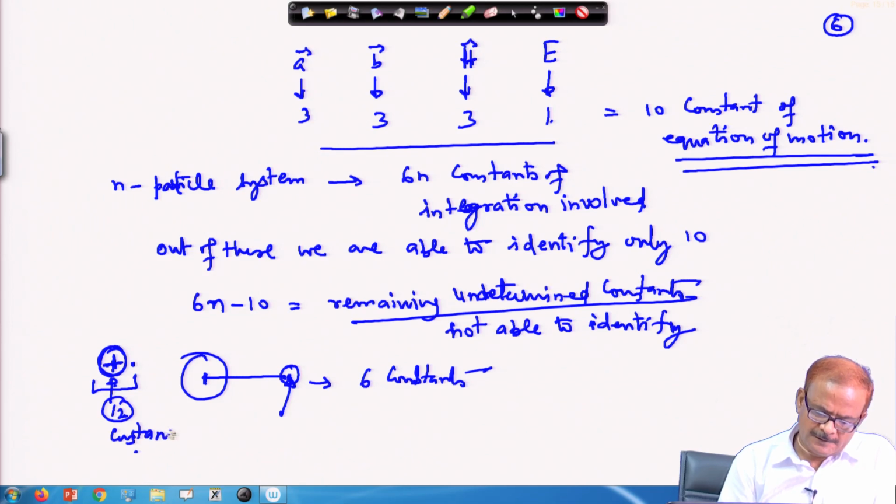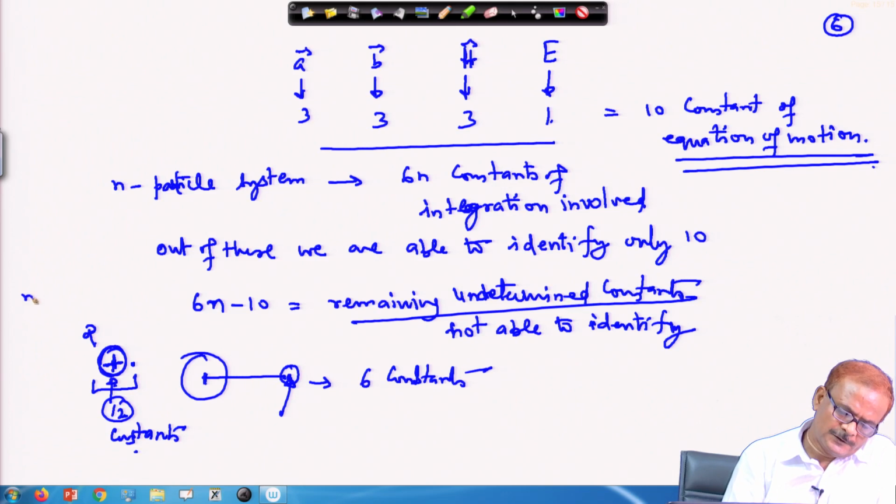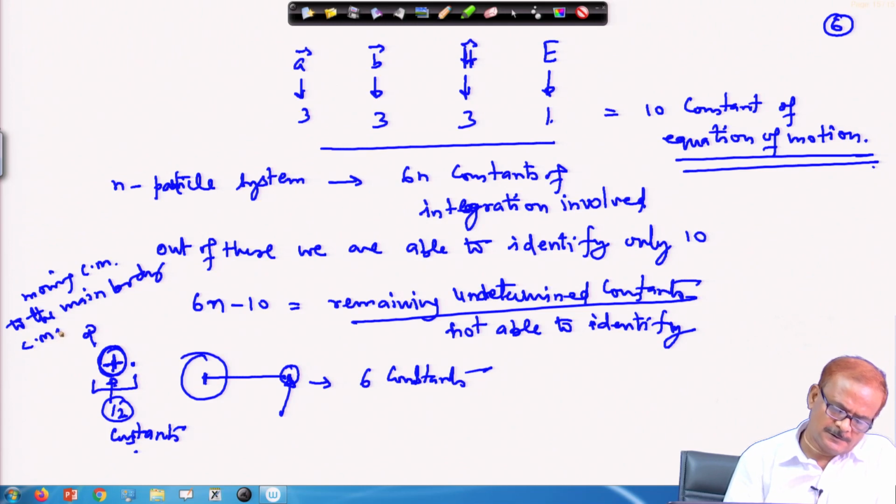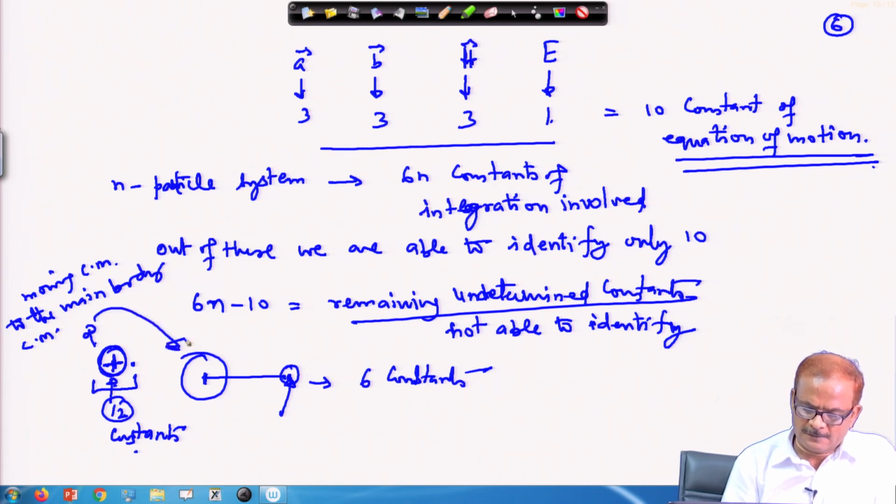And how have we done that? We moved the center of mass or barycenter to the main body center of mass and then applied the technique of finding the 6 other constants.